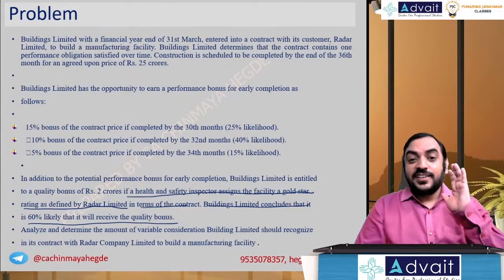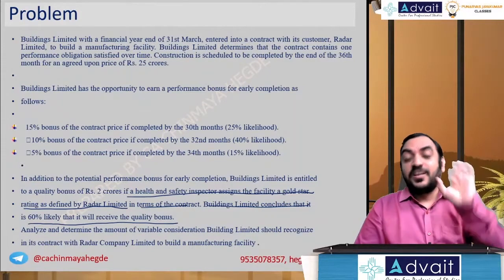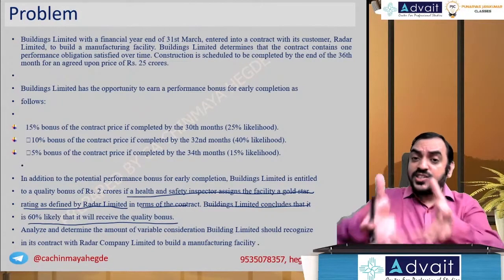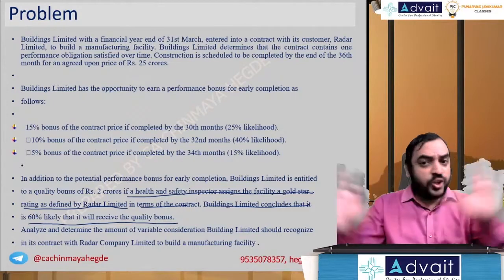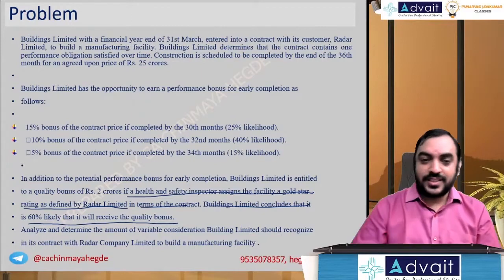This means there are only two possible situations, and we apply the most likely method. Wherever the probability is highest, that amount we take directly. We don't do the expected value method. Analyze and determine the amount of variable consideration Buildings Limited should recognize in its contract to build a manufacturing facility.